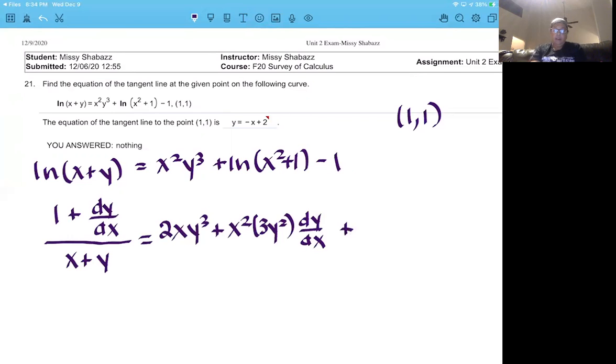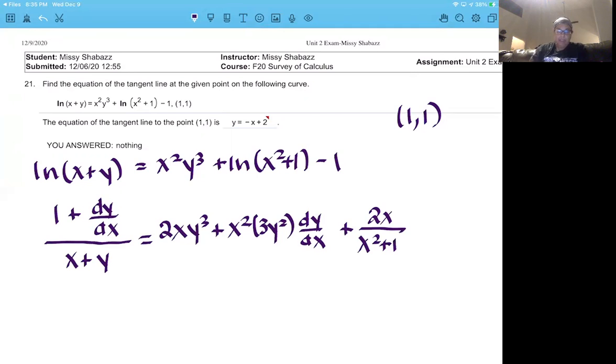Now the next term, natural log of x squared plus 1, is only in terms of x. So I'm going to take the derivative of the inside, which is 2x over x squared plus 1. And then minus 1 is just a constant, so the derivative of that is just 0.